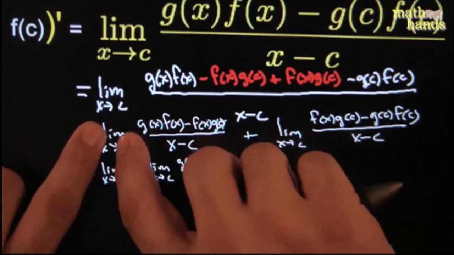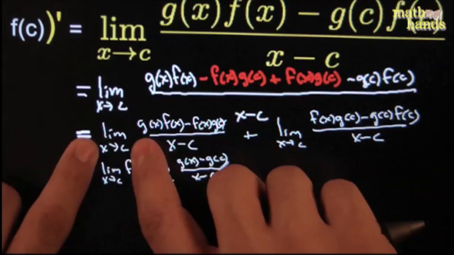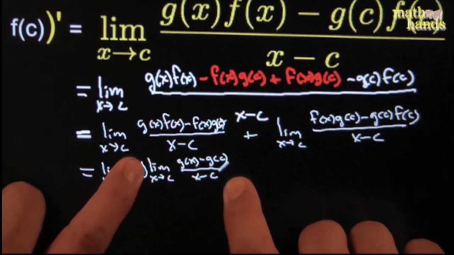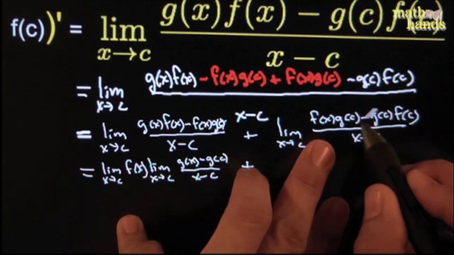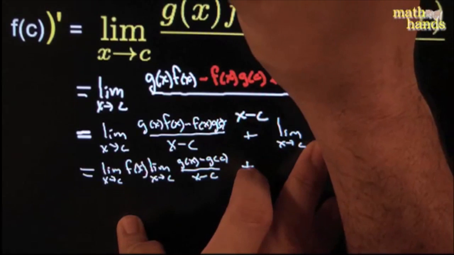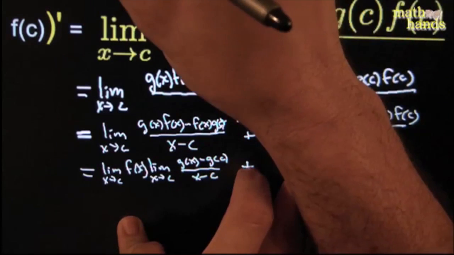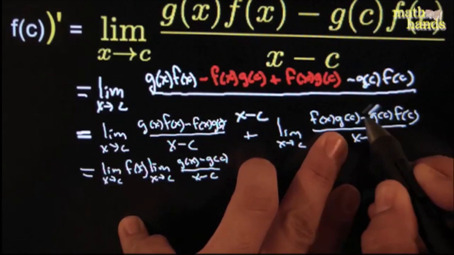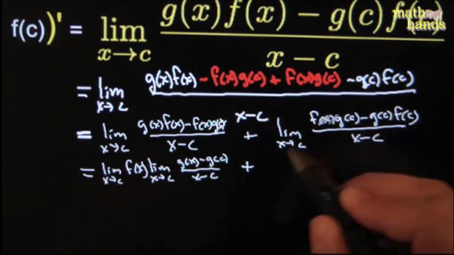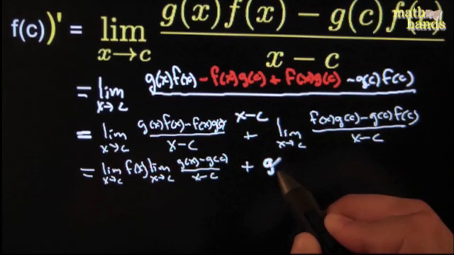This f of c comes right out, but because it has an x, you still need a limit on there. And then that becomes plus, and I'm going to play the same game here. See that right there, the g of c and g of c, I could pull that out. That one doesn't even have any x's, so I don't even need a limit if I pull out the constant.